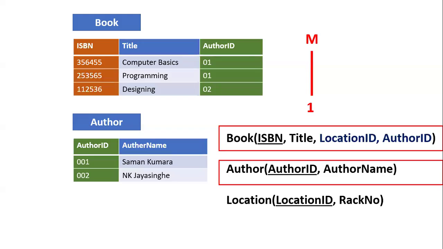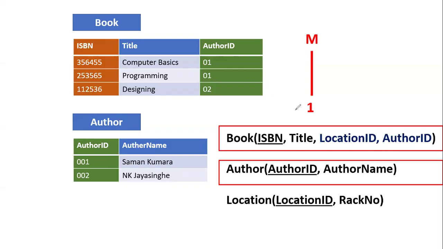Okay, children. So here what we are going to do is insert the primary key from the author table into the book table, because we have the one side in the author table, right?